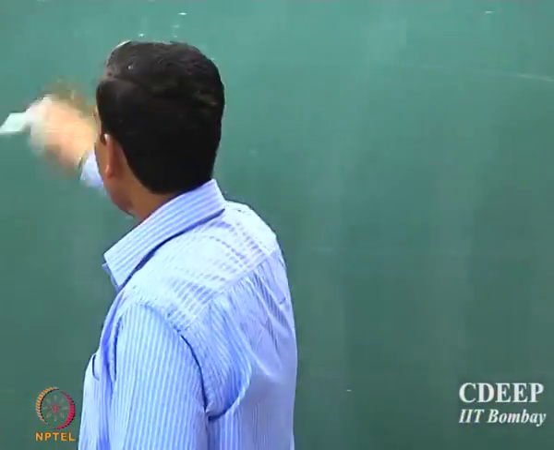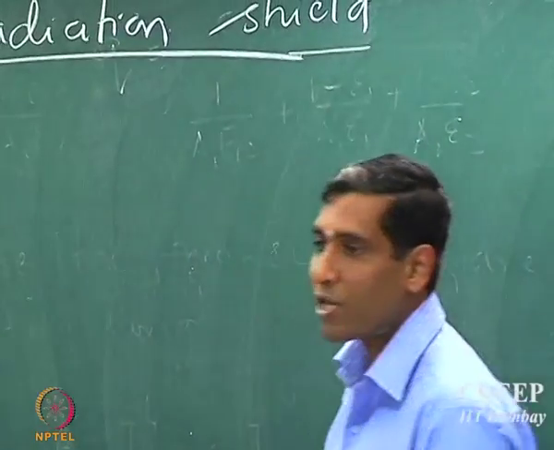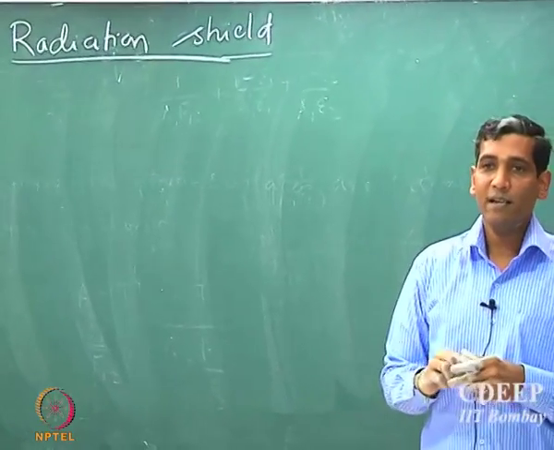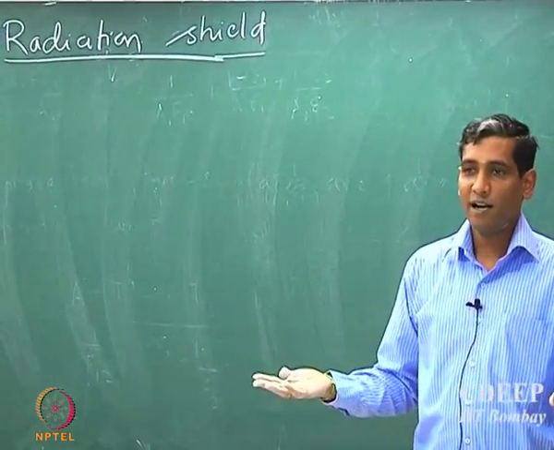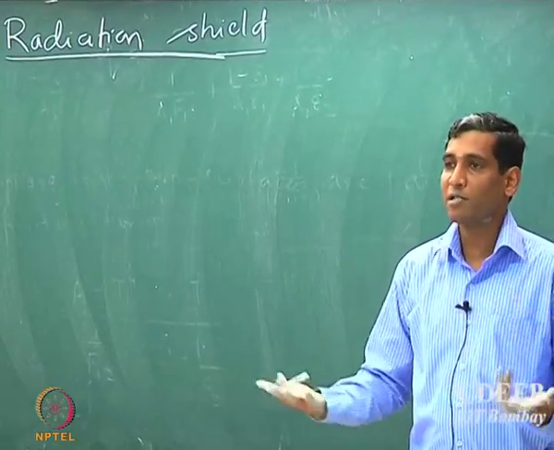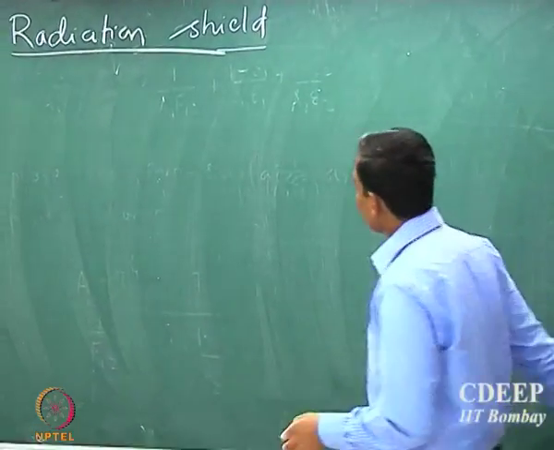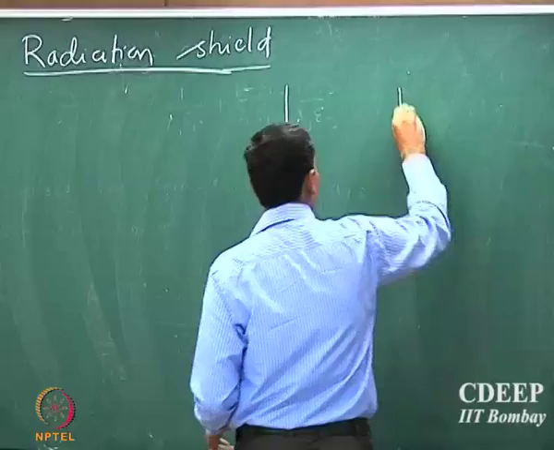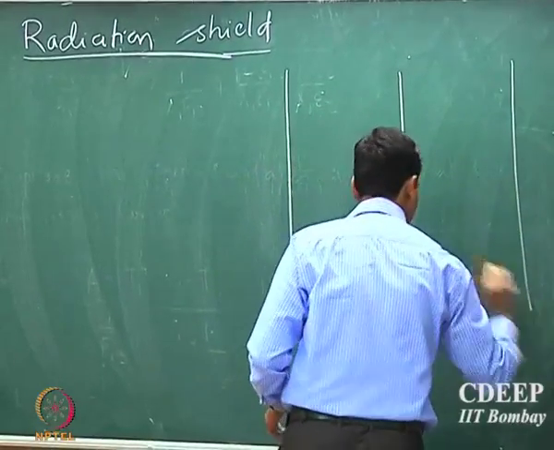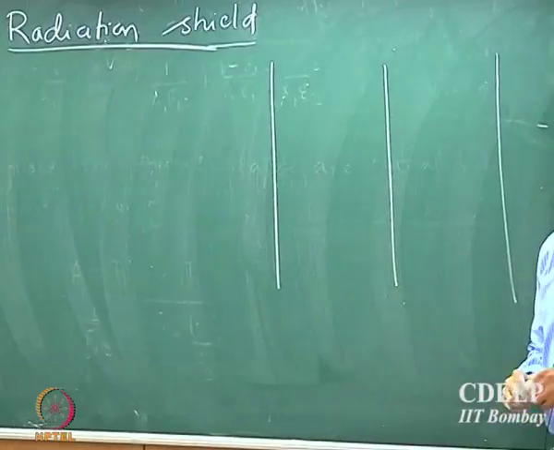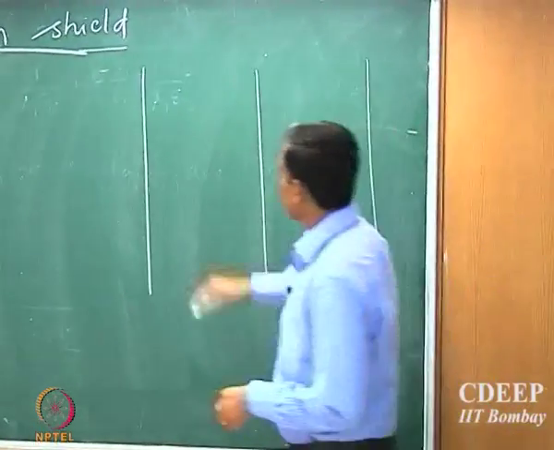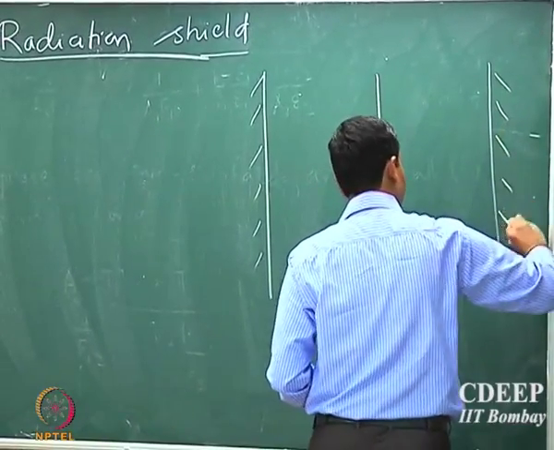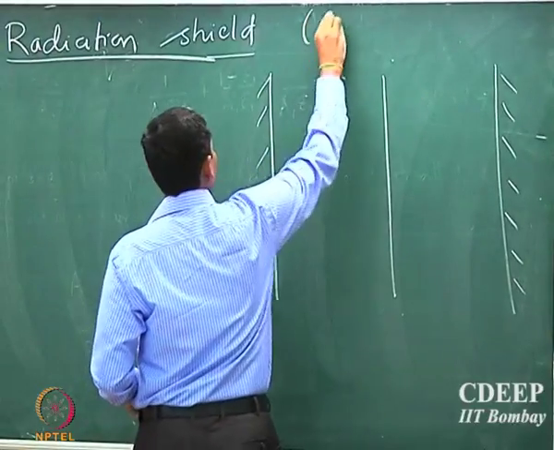So anyway, radiation shielding is very important, because you do not want radiation to leak out from a nuclear reactor or some other system where radiation is active. Let's take a very simple case. Of course, the real life system is not as simple as this. The way a radiation shield is designed is by playing with the emissivities of the surface. We will look at only gray surfaces here.